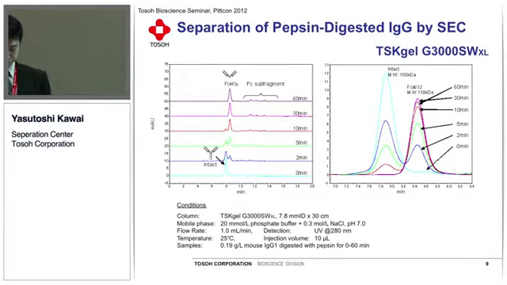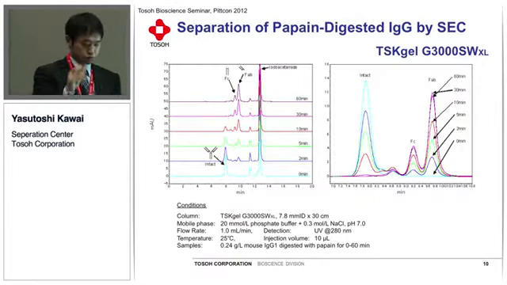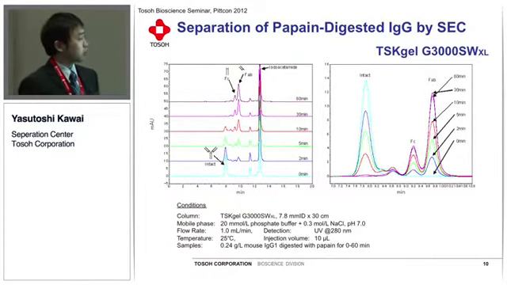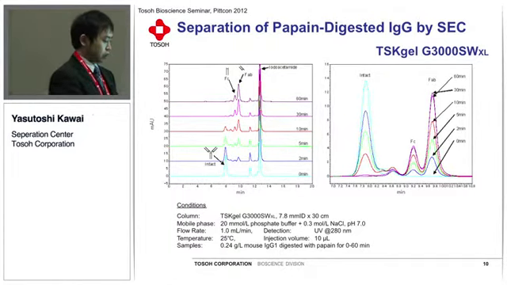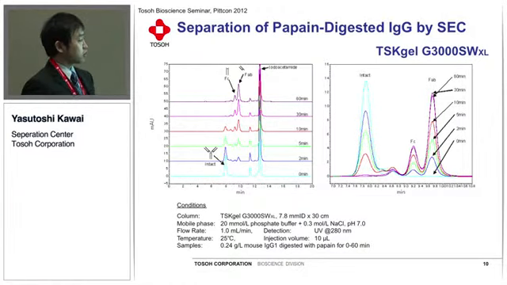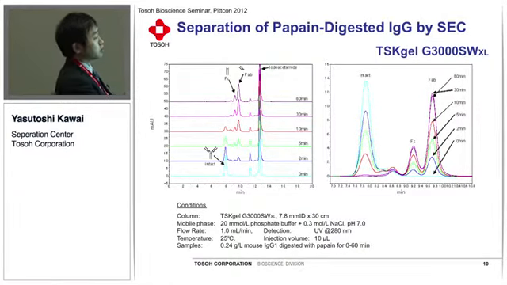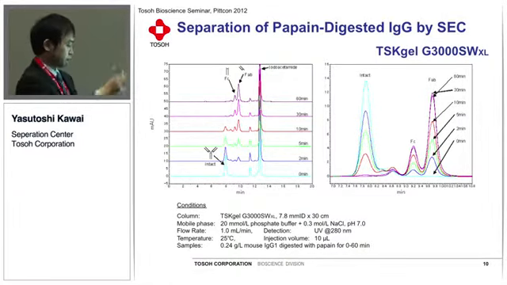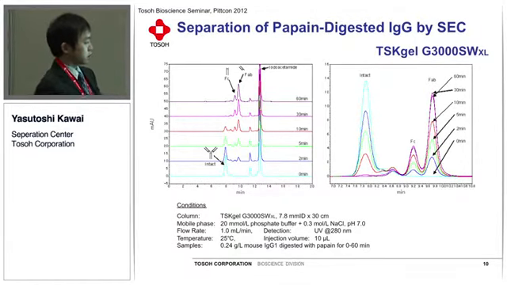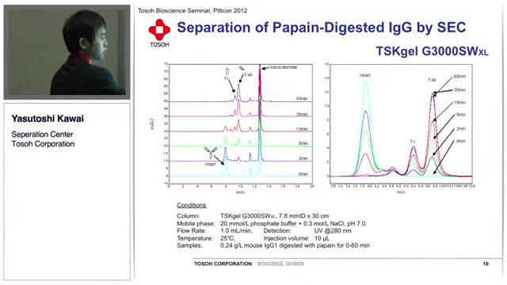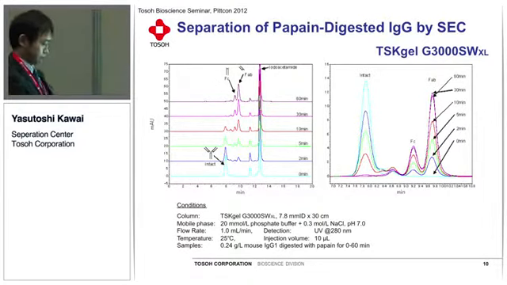Next, please. I'd like to present another example. This slide presents the time course of the digestion by papain. As the digestion proceeded, the intact form decreased, and Fc fragment and Fab fragment increased.